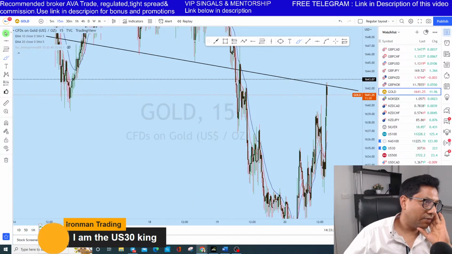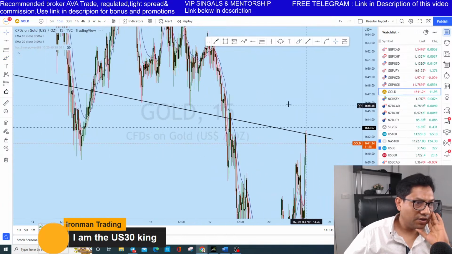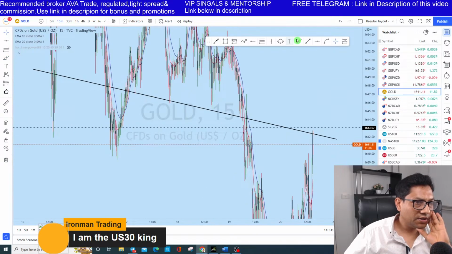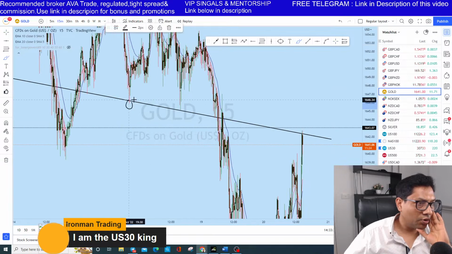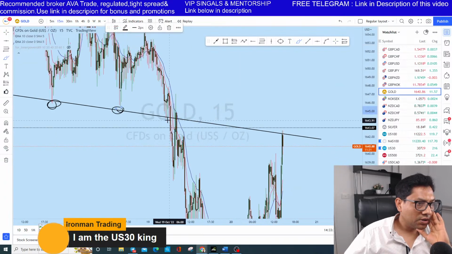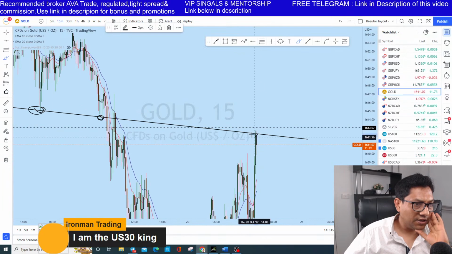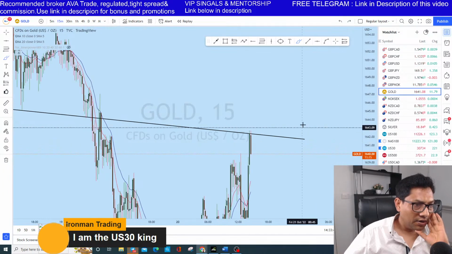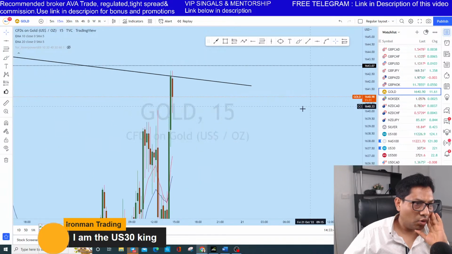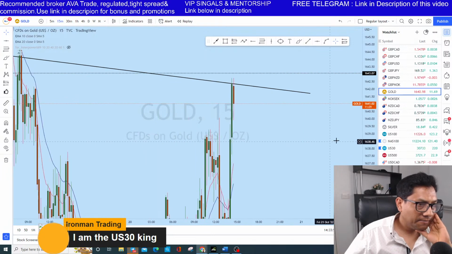It could be a fake move. It's not unusual to see this. You see that on the 15 minutes gold, this is the previous support here, which is acting as a resistance. So let's see if it is a fake move or not. Most of the time, when the market is volatile, most of the fake moves happen.